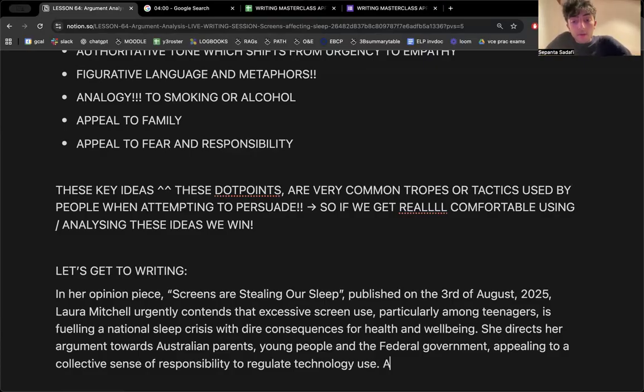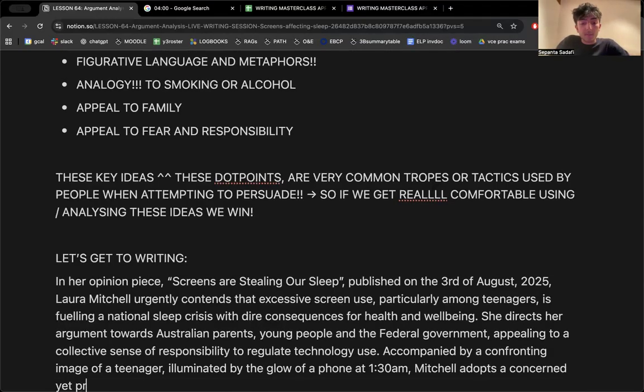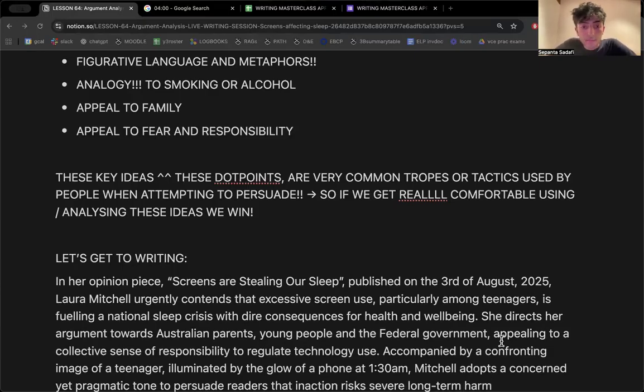Now, accompanied by a confronting image of a teenager illuminated by the glow of a phone at, let's say, 1:30 a.m., Mitchell adopts a concerned yet pragmatic tone to persuade readers that inaction risks severe long-term harm, okay? Severe long-term harm.